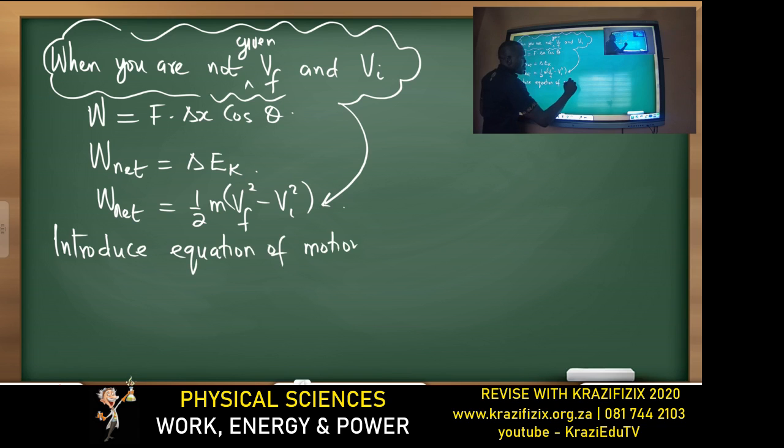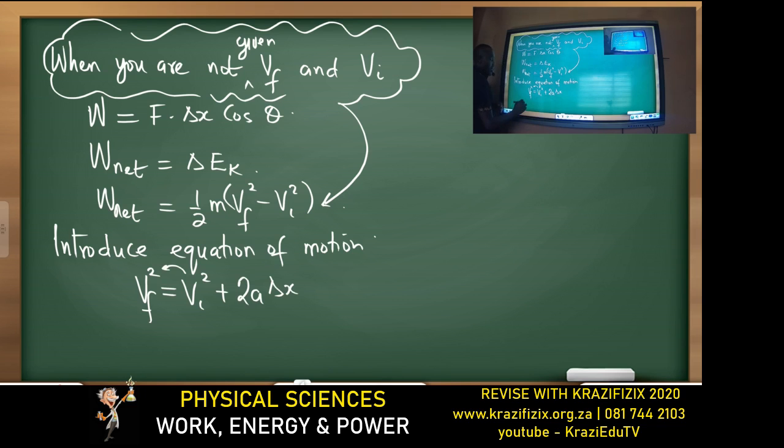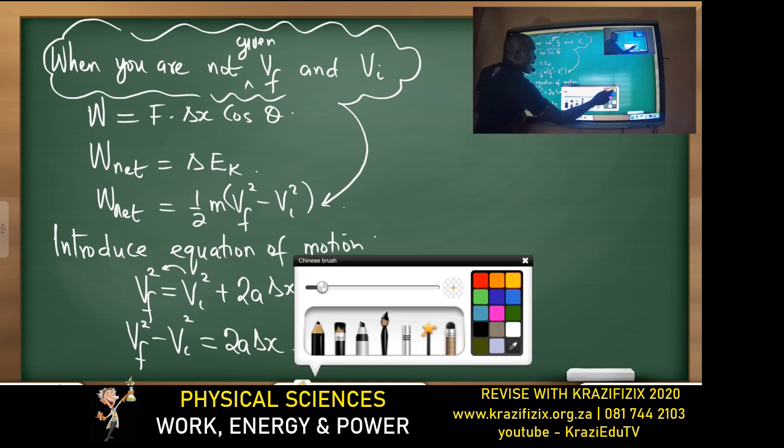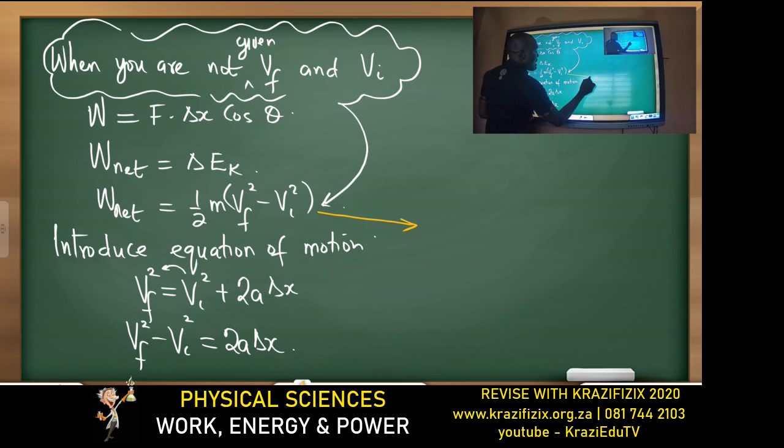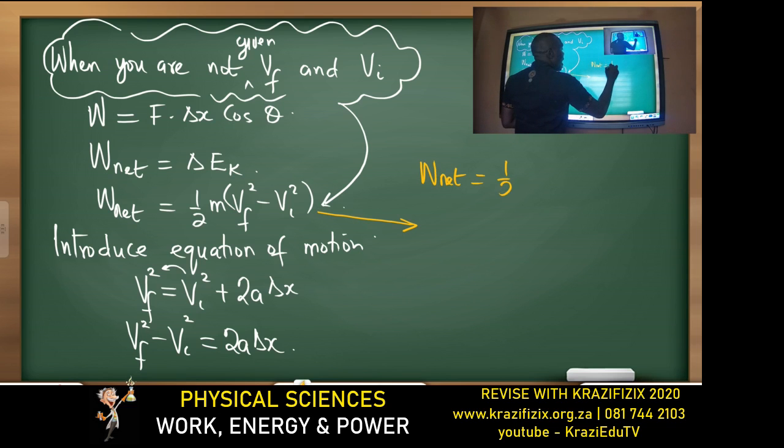Look at this equation of motion: Vf squared equals Vi squared plus 2a delta x. Let's move this over here. What are we going to have? Vf squared minus Vi squared equals 2a delta x. So I can replace this: W net equals half m times 2a delta x.